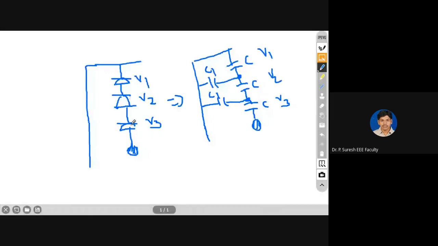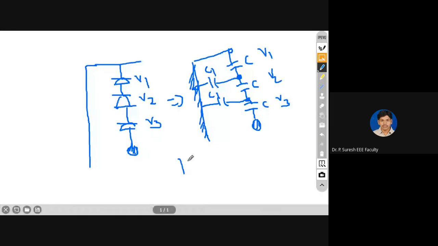All the discs are identical, that's why I'm taking equal capacitance C. And this is the capacitance between pin and earth. This is the earth portion, this is the tower portion. This is the pin to earth capacitance, and this is the pin to pin capacitance. Pin to pin capacitance is called series capacitance, or the capacitance of the insulator. And pin to earth capacitance is what we call shunt capacitance.